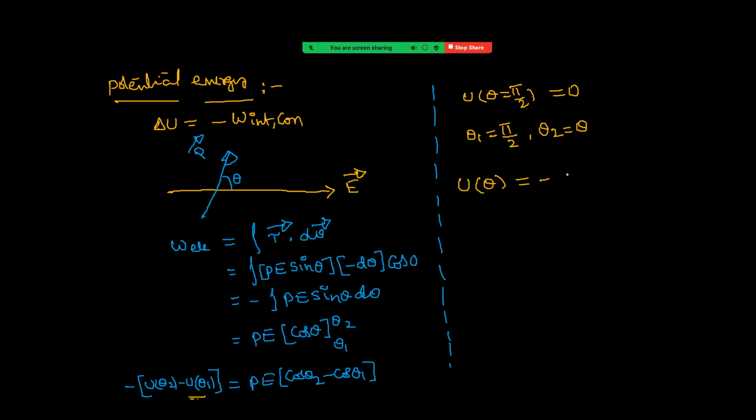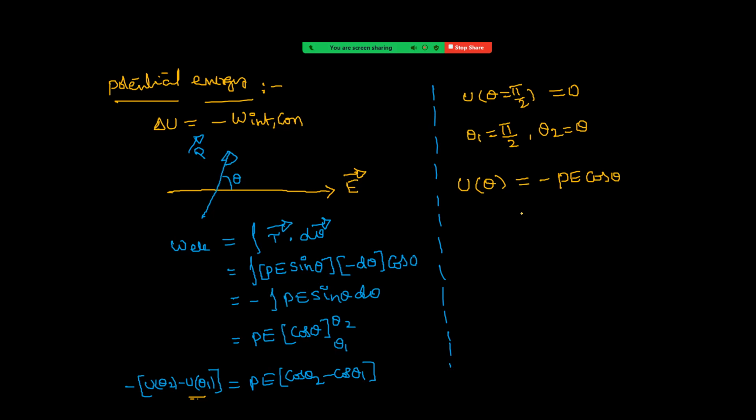What else is left here? PE. Theta 1 is 90, so this value becomes 0. So finally what is left is minus PE cos theta. This is now the potential energy when the angle is theta.